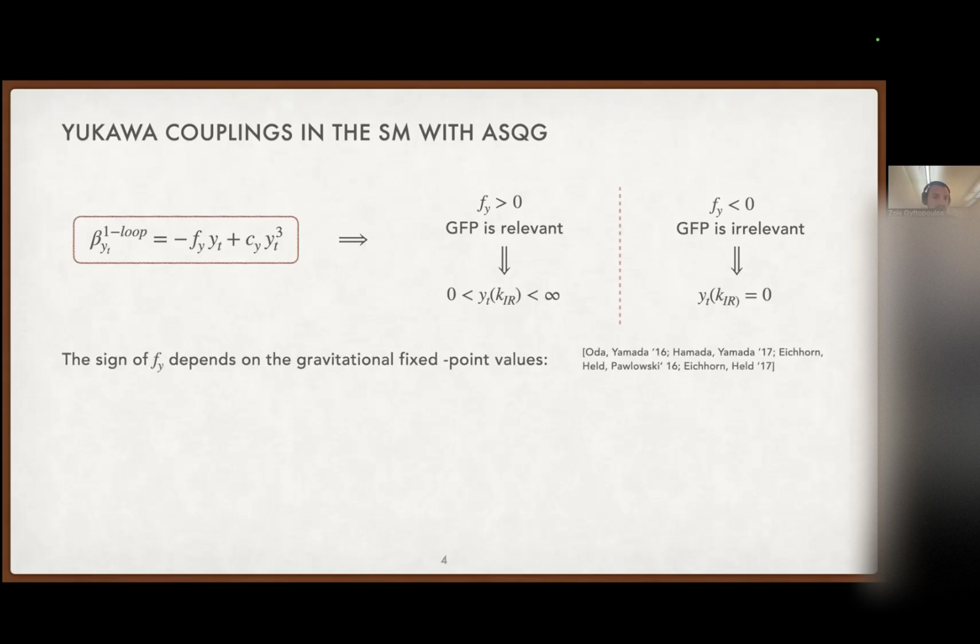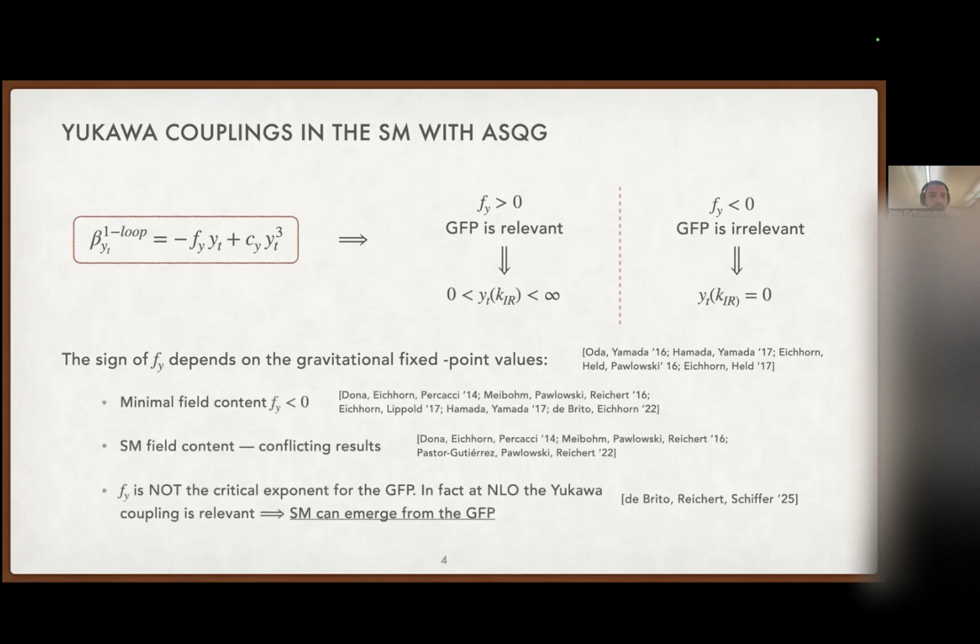Now, several studies have happened in the past regarding the sign of Fy, and more or less they saw that the sign of this Fy depends on the precise values of the gravitational fixed point.